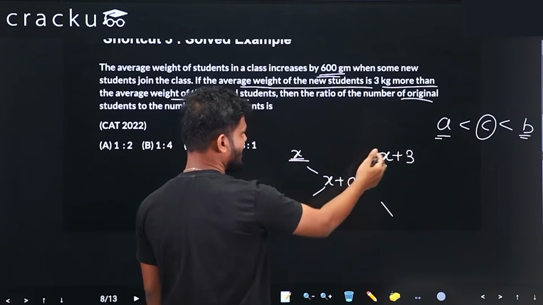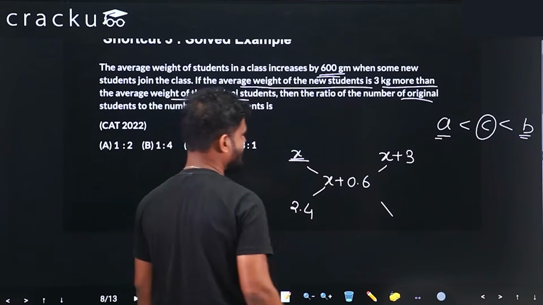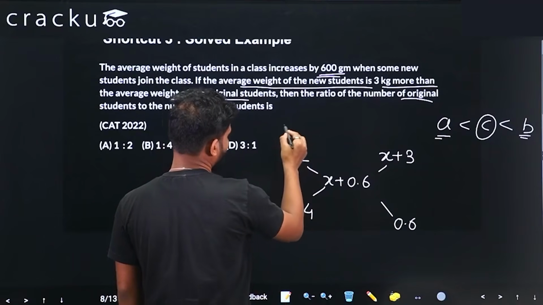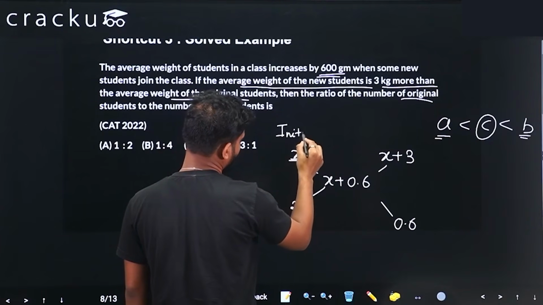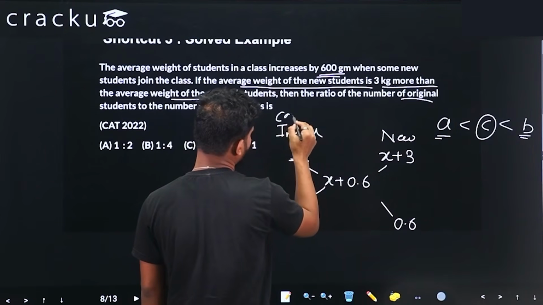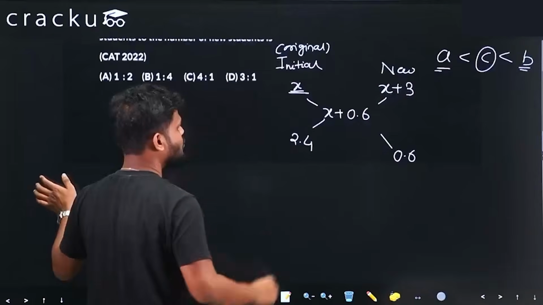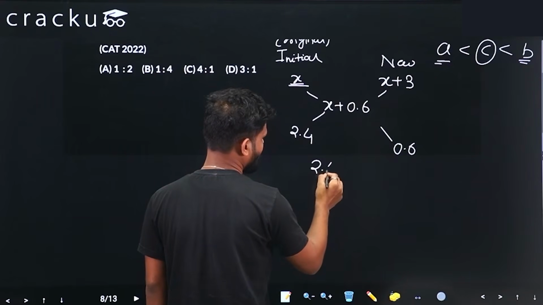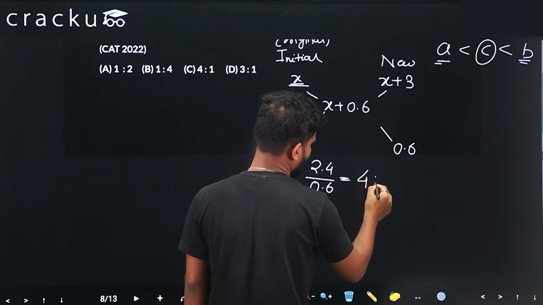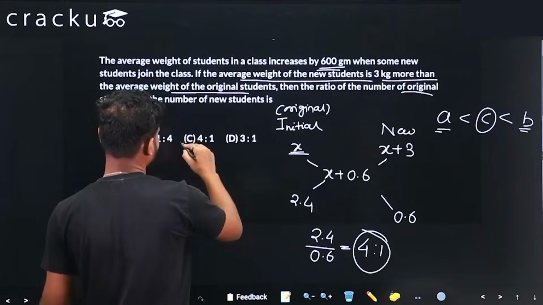So this will be 3 minus 0.6, which is 2.4, and X plus 0.6 minus X, which is 0.6. So this is the original group, and this is the new group. What is the ratio of original to new? It is nothing but 2.4 divided by 0.6, which is equal to 4:1. So here the answer will be 4:1.